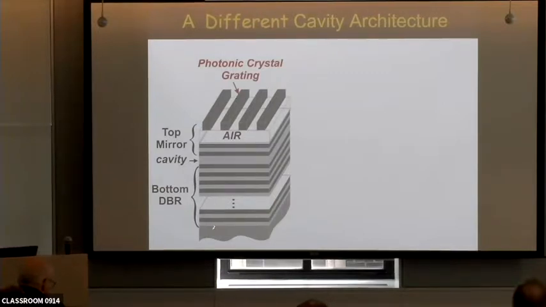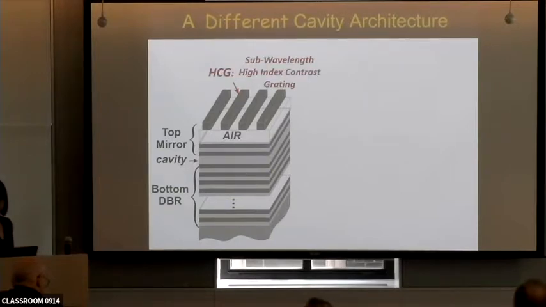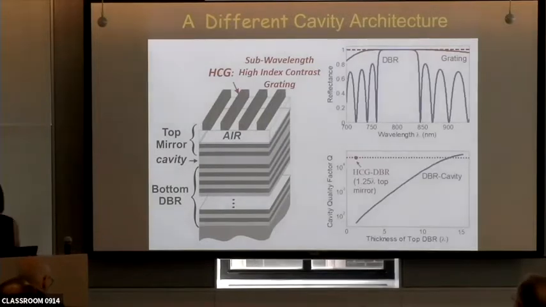We basically grow a similar structure, but shorter than the conventional cavity, and then do e-beam lithography and etching, and selective etching to create the top grating. If you make this sub-wavelength, there's no diffraction. Using the very high index contrast, one can make this simple 1D grating a very high-quality mirror, even better than the DBRs in some sense.